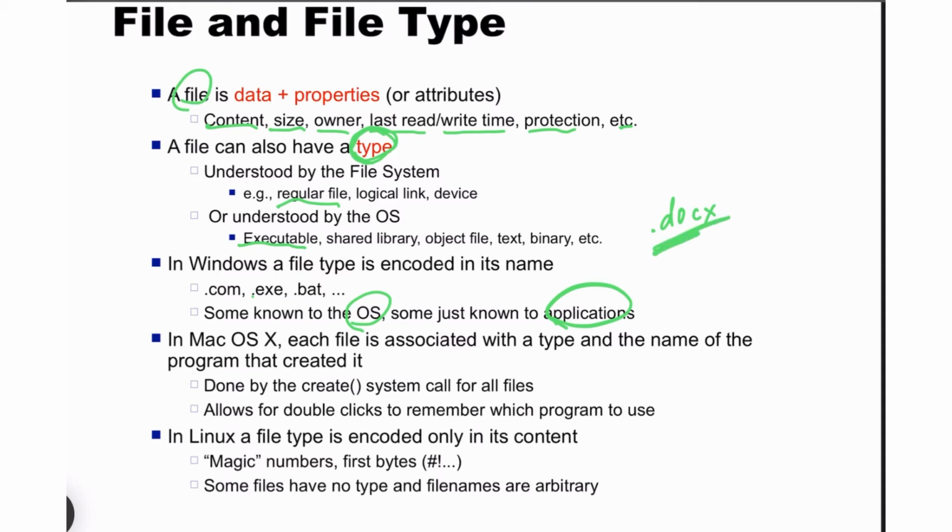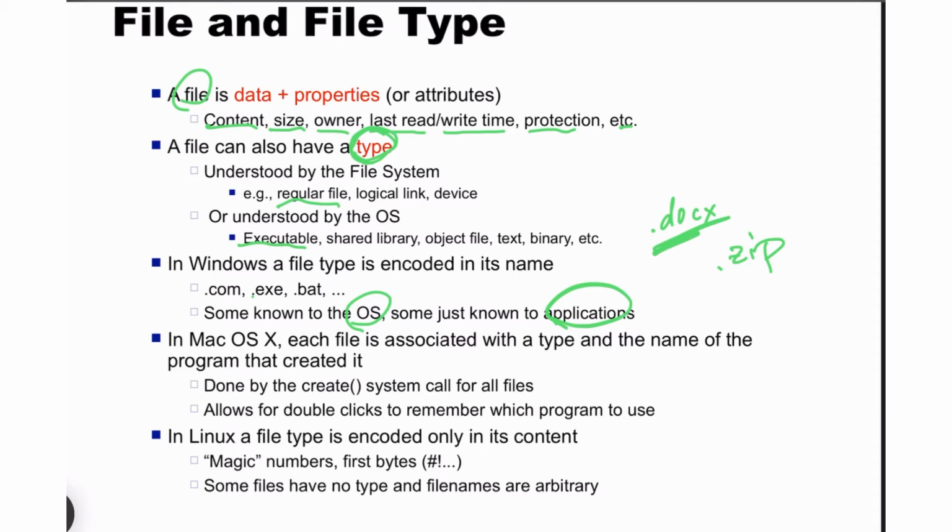So that file is only known to a certain application, and you cannot open it because you need to download that specific application. Like, for example, if it is a zip, you need to download WinZip to be able to extract that file. So that file is only known to the application.